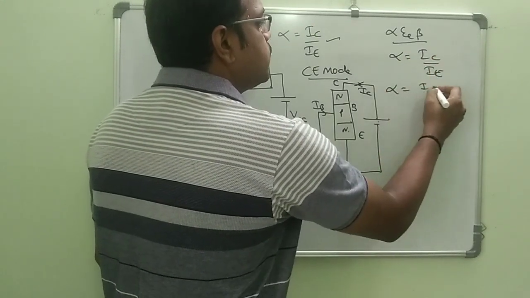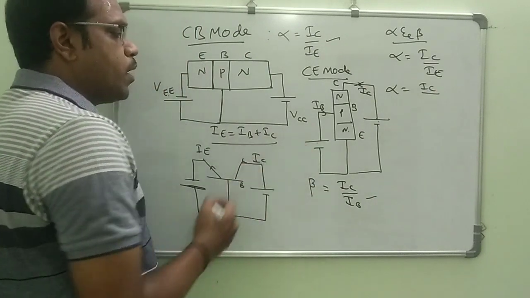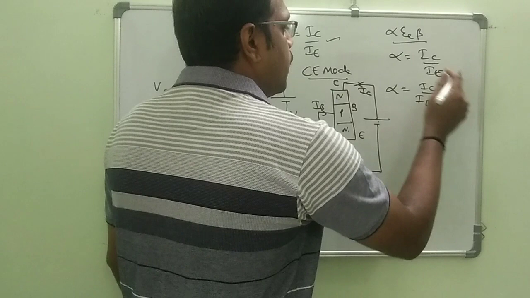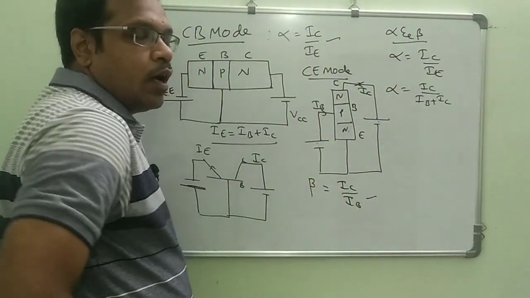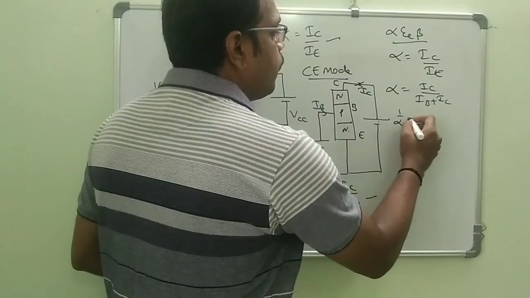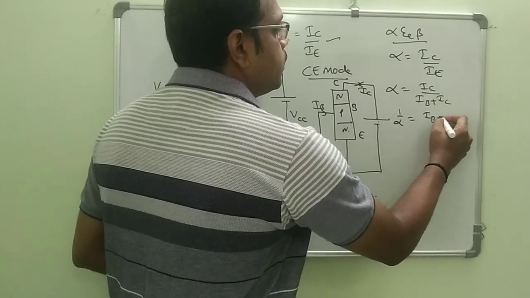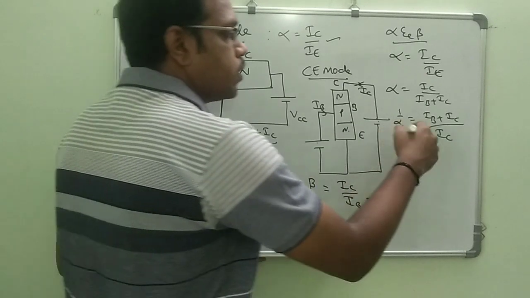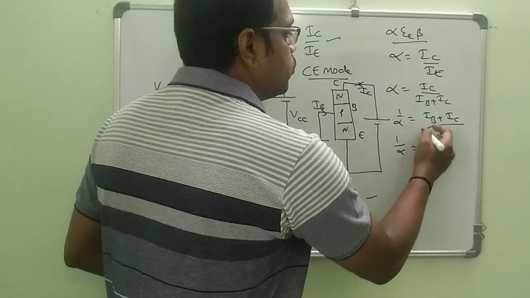So alpha is equal to IC by, using this formula, IB plus IC. Okay, I will take the reciprocal: 1 by alpha is IB plus IC by IC.